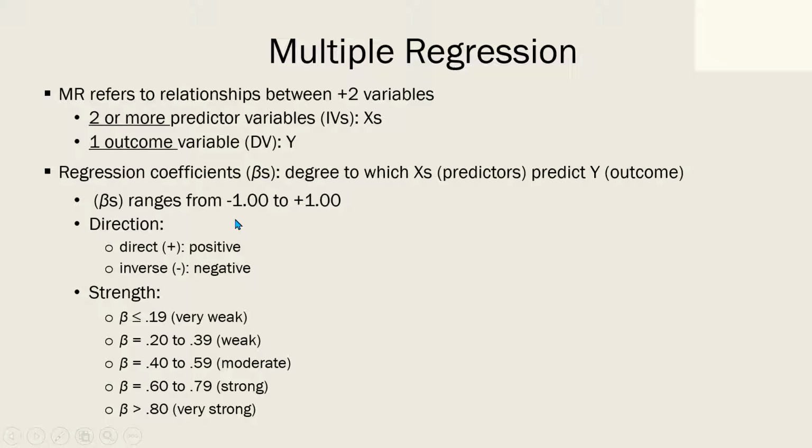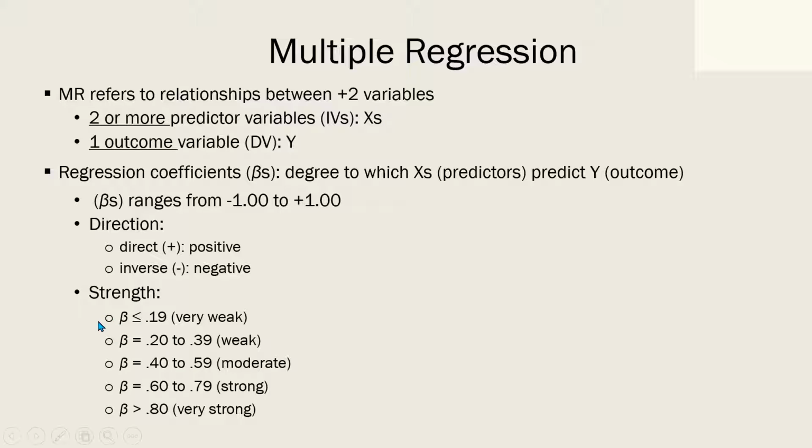So you can see that this follows the same format where the beta's range is also from -1 to +1. And we also need to look at the signs for the direction of the relationship and then the numbers for the strength. Now with multiple regression, because we're dealing with multiple variables, we do have significantly more measures for how to assess that strength.